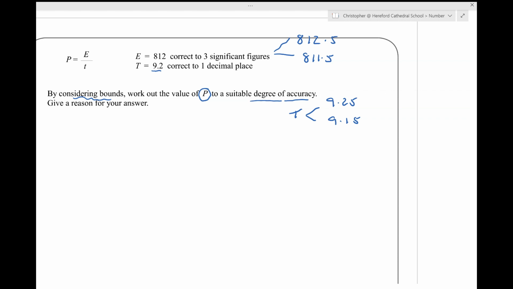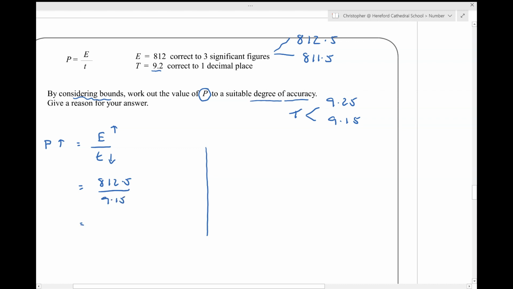Let's first of all, on the left-hand side here, work out the highest possible value of P. Now, the highest possible value of P is going to be the highest possible E divided by the lowest possible T. So that is going to be 812.5 divided by 9.15, which is 88.79781, and so on.